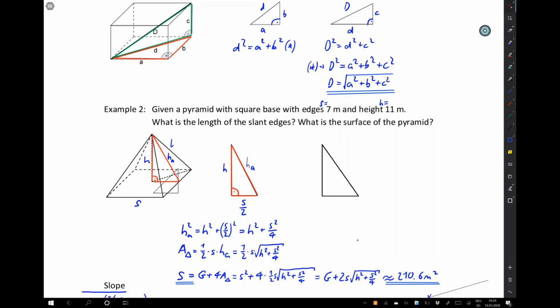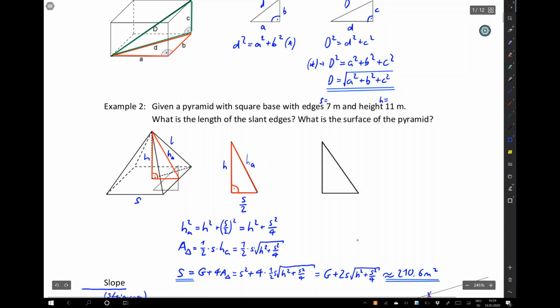To solve the second task, namely to find the length L here of the slant edge, we could use this triangle here, but we will use instead this triangle here. The triangle is right angled, so I copied it over to here, and we see the hypotenuse is this slant edge L, this side is hA, and the base is again half the length of the base side, so s half.